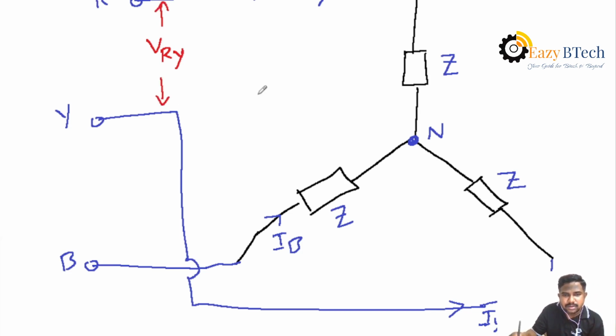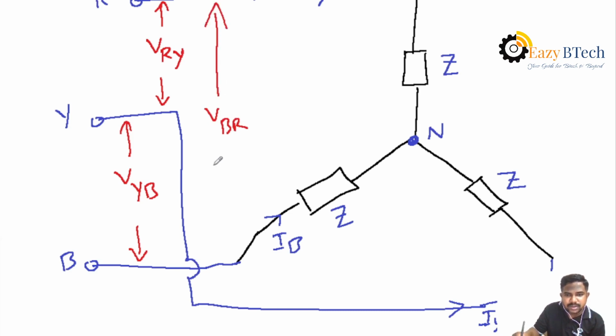Between Y and B, we consider the voltage as VYB. Between R and B, we consider the voltage as VBR. Okay, these are the different voltages we have in the star system. After drawing the star system, we have to derive the required equations.